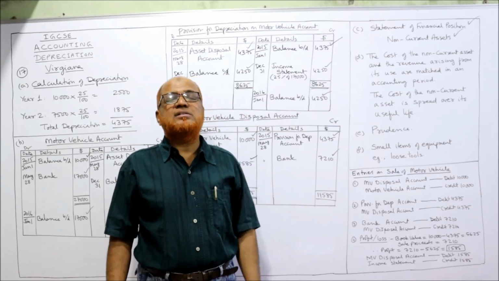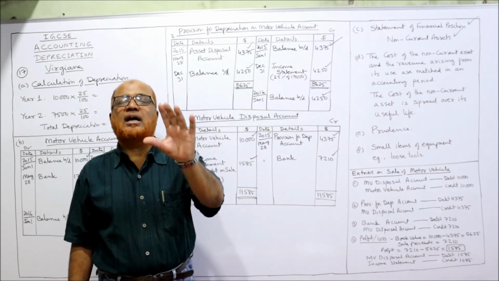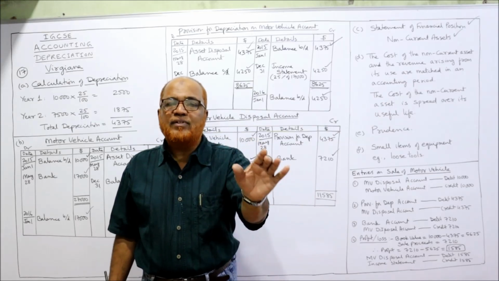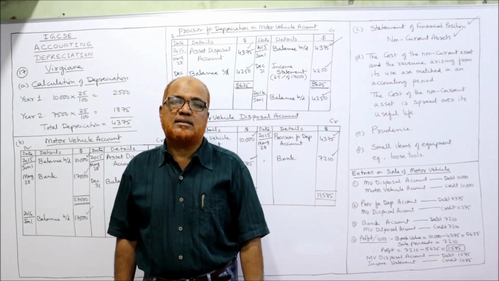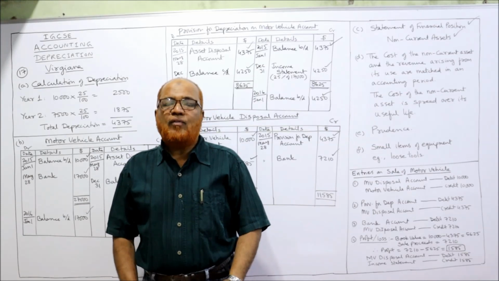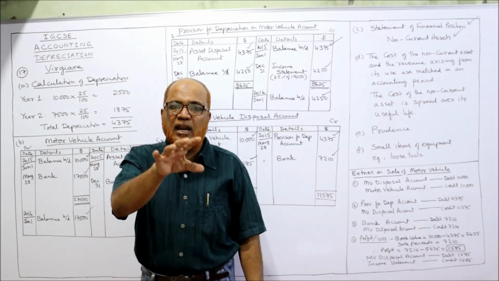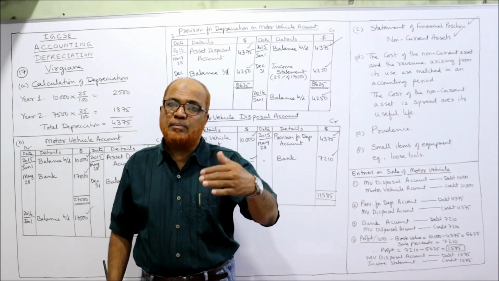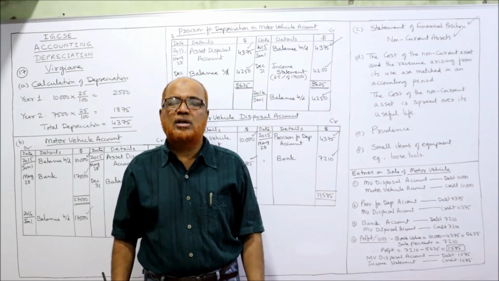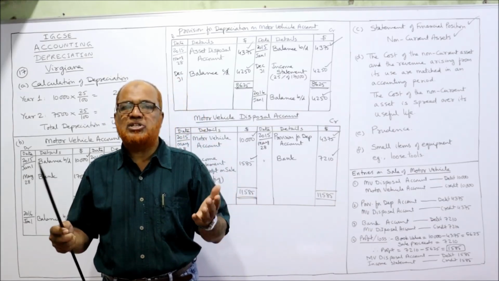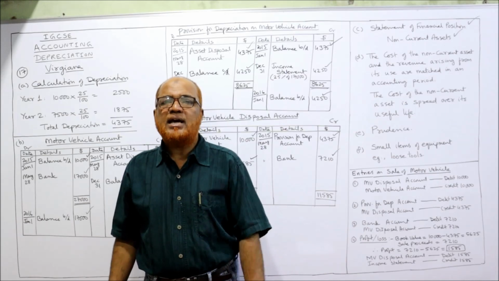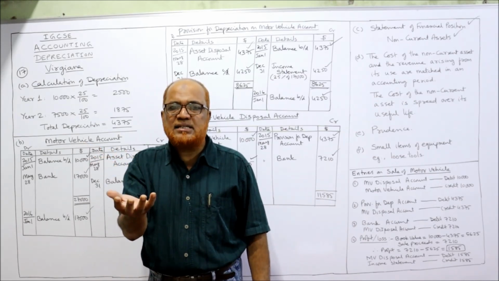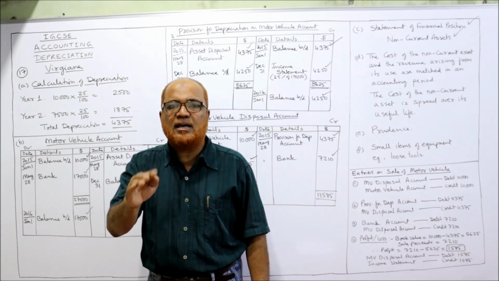One more accounting principle is applied in depreciation, that is prudence. According to the prudence concept, the profit should not be overstated. That means whatever cost incurred in earning the revenue should be taken into account. So here we are incurring some cash costs and some non-cash costs. The cash costs are the salaries, wages, rent, etc. The non-cash cost is depreciation. When we purchase an asset, its value will decrease.